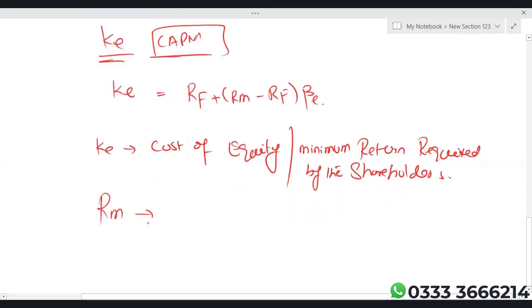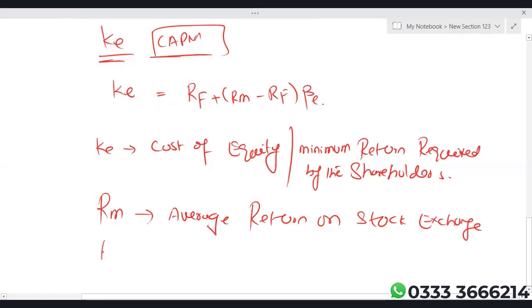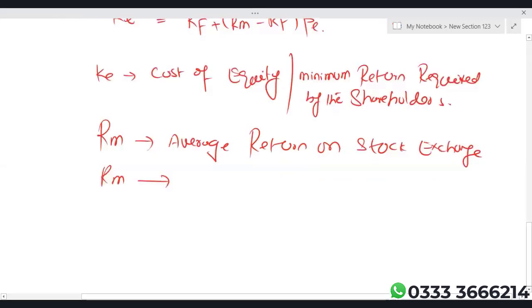RM is the average return on the stock exchange. RF is the risk-free rate of return.